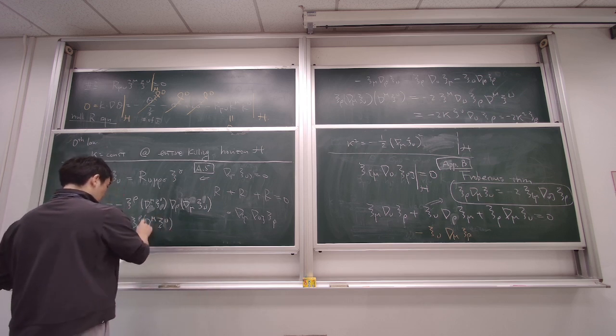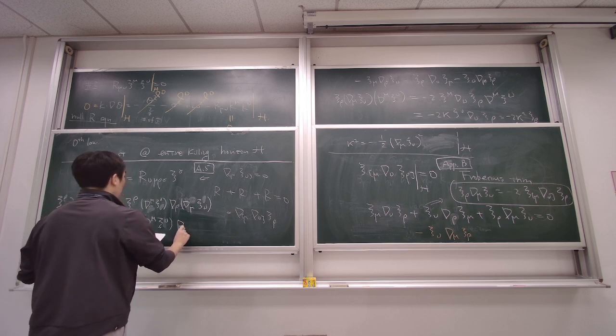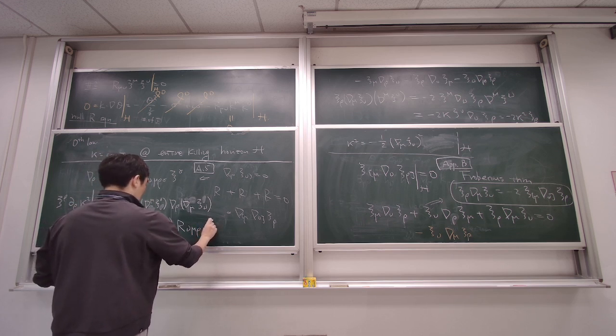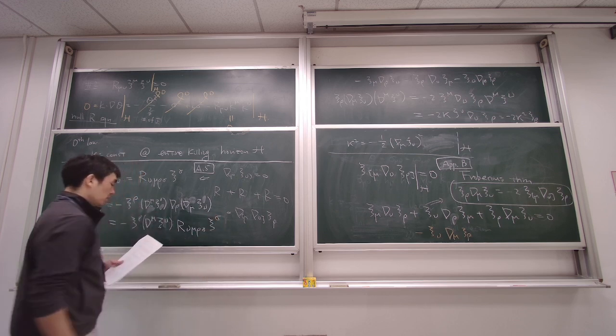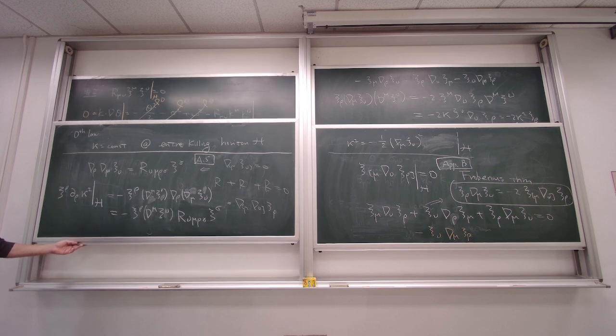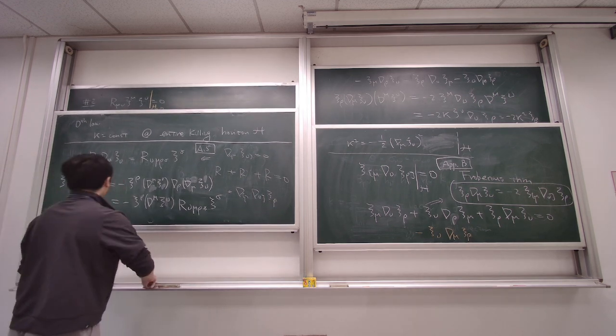Okay, and then R nu mu rho sigma C sigma. Okay, so that's what we have, at the horizon. So everything at the horizon.